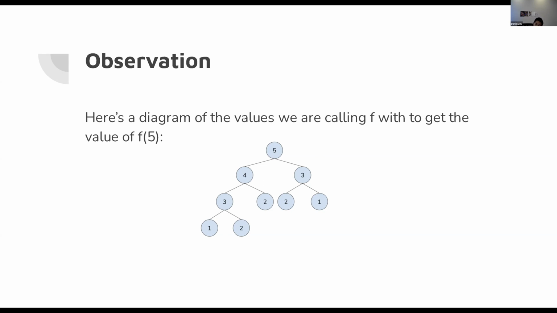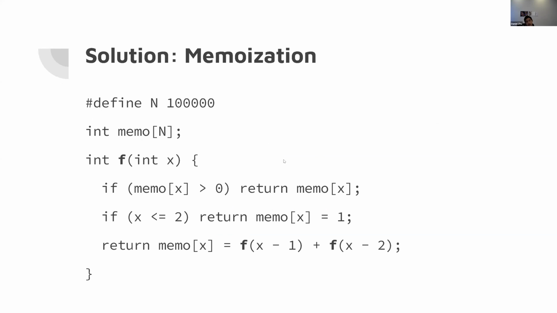So here's code that stores the values that you already calculated. A nifty trick in C++ is when you initialize a global array like this, that's not inside of main or any function, all the values are 0.